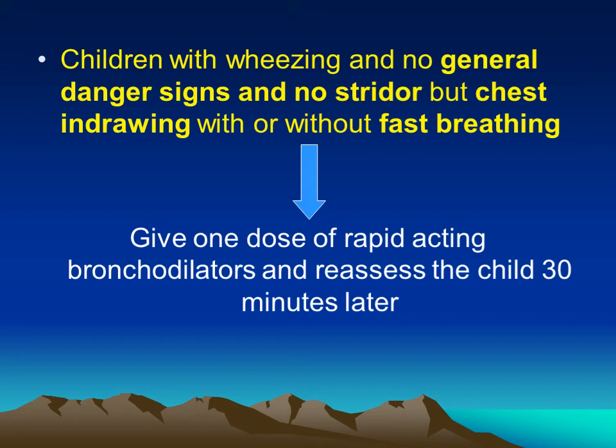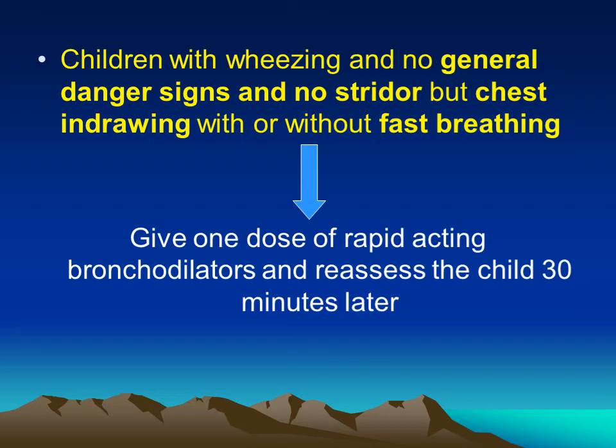So in this classification, the patient has severe pneumonia. If we give him a bronchodilator and the chest indrawing resolves and there is just fast breathing, that means the patient converts to the classification of pneumonia and can be managed at home.